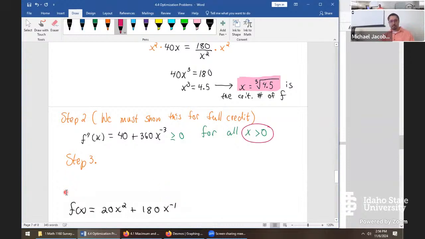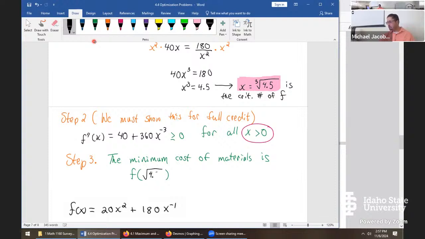I'll delete that in a moment, but just for easy reference, we can now say the minimum cost of materials is f at, take your critical number, it's 4.5 cube rooted, plug it inside the original function f, and we have 20 something squared plus 180 something to the power of -1.